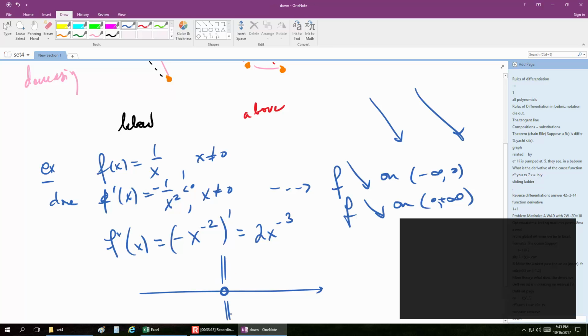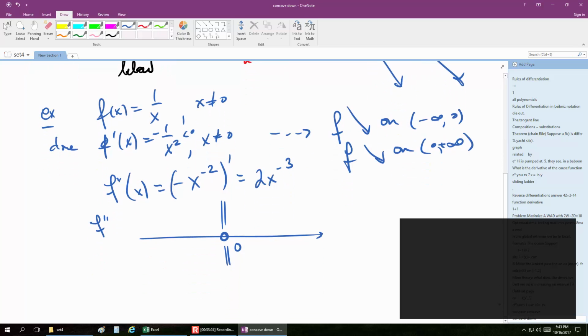So there's a gap in the domain, but to the left I'm plotting f double prime. To the left of 0, what do we know about the second derivative? Well, when x is negative, what can we say? The y value is going to be negative.